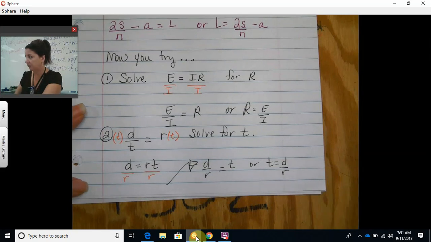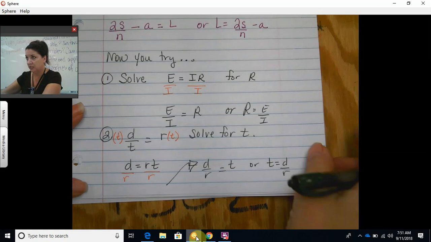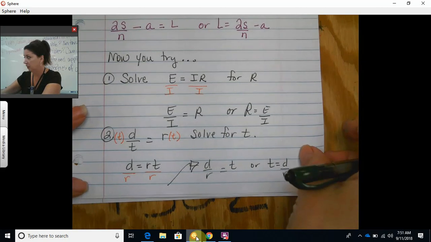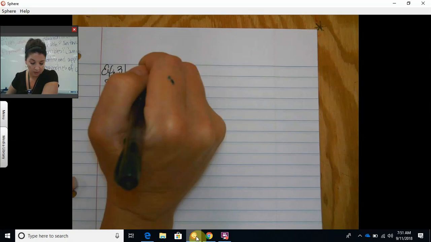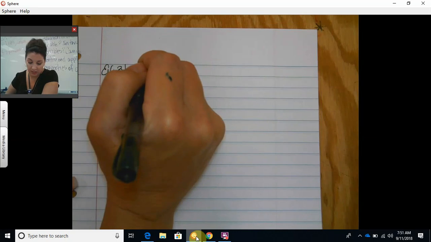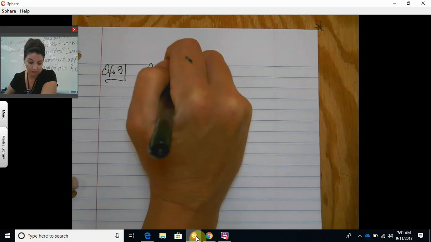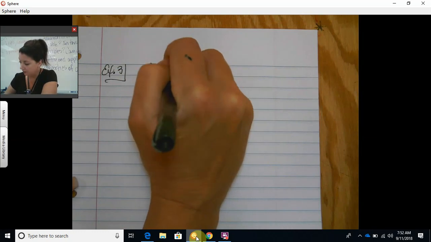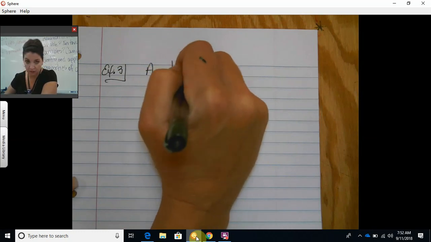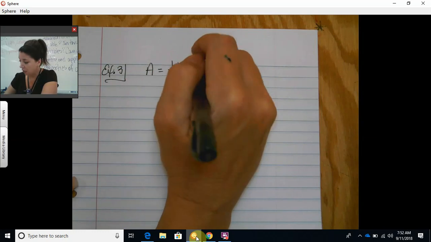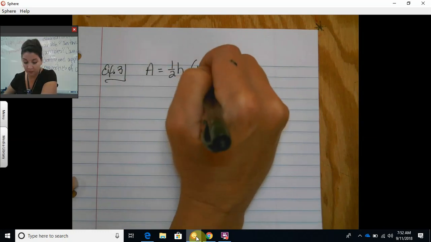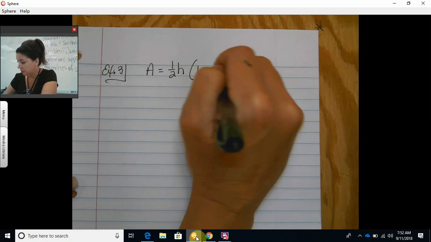Okay, example 3. Am I still copying this before I move my paper? Our equation is A equals 1/2 h, open parentheses, b sub 1 plus b sub 2.